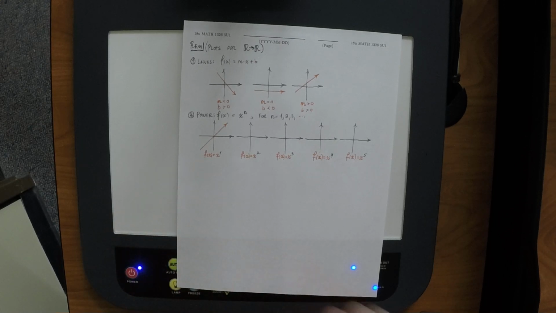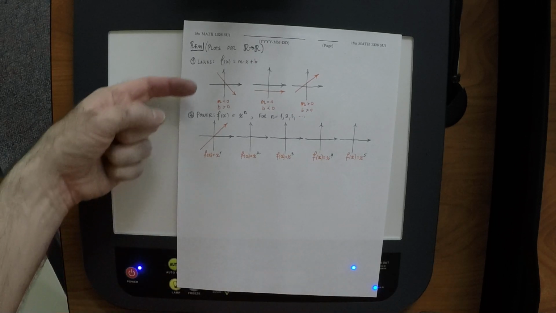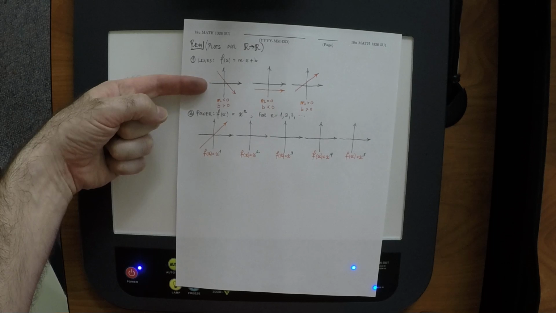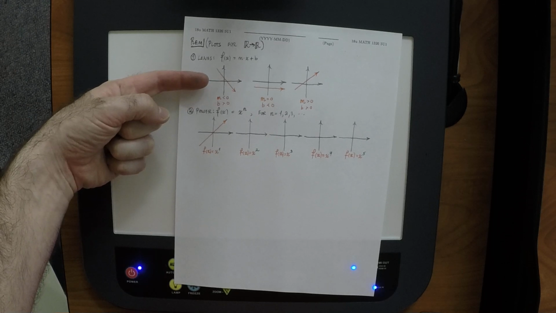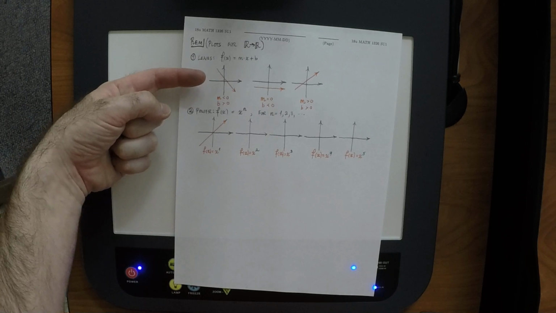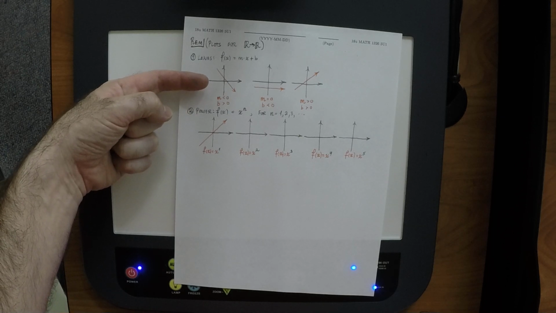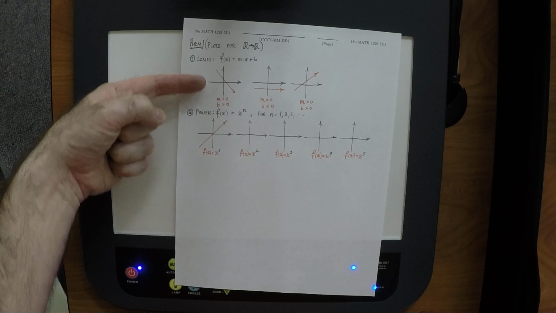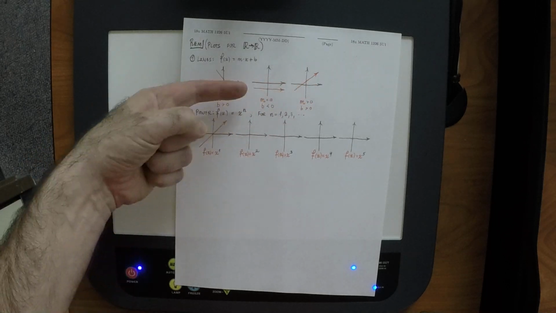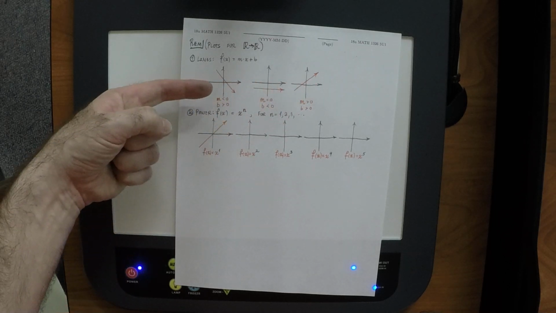By the way, these lines constitute almost all possible kinds of lines. But in fact, not every kind of line is represented here, because vertical lines are not represented here.